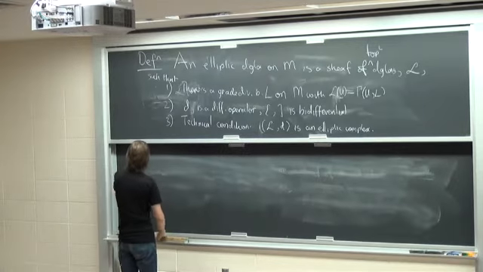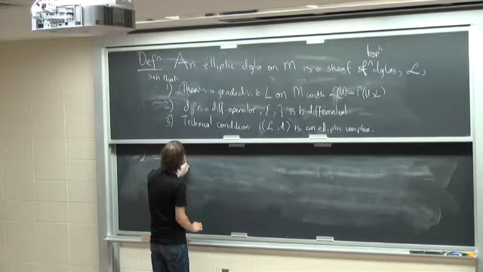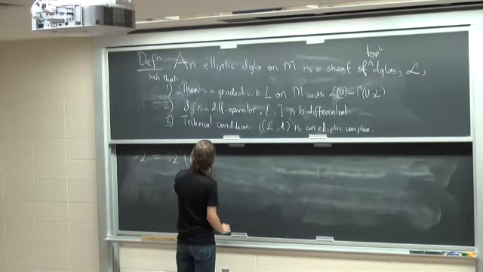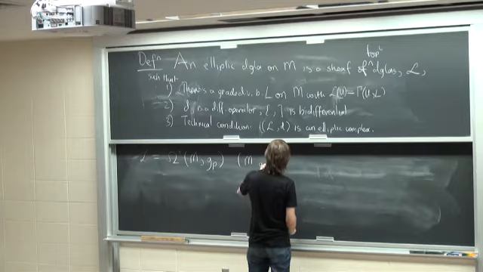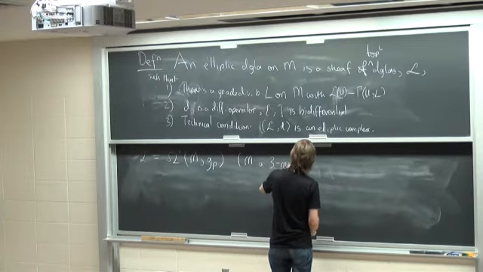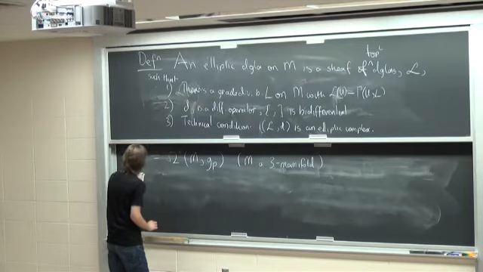So, for example, if L is forms on M, again a 3-manifold, with coefficients in g.